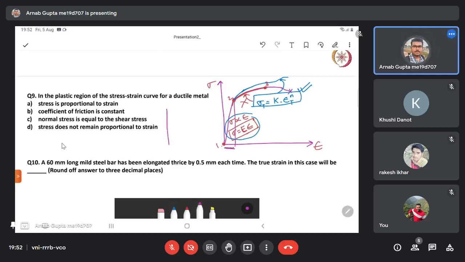So naturally you will find the graph to be somewhere like this. And this part is so small that we can conveniently say that my true stress value is almost equal to engineering stress value. But beyond this yield point, as the cross section of the material is changing significantly, it is changing the values of the true stress. Again, you can expect some numericals from this particular expression.